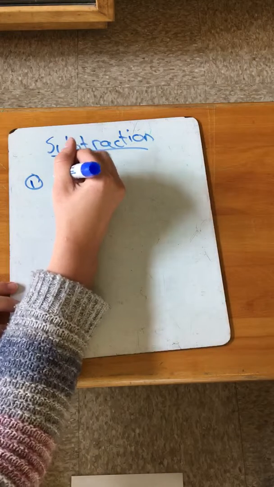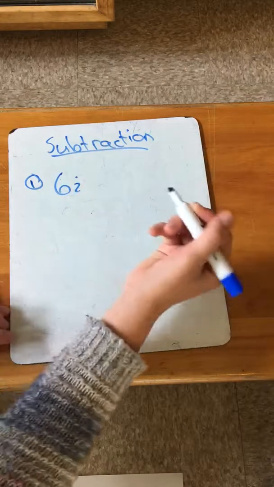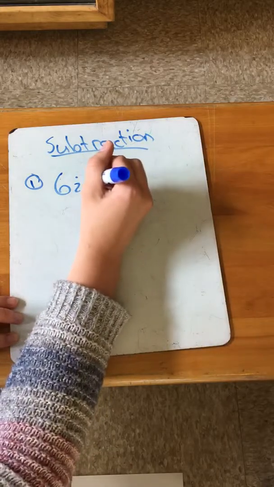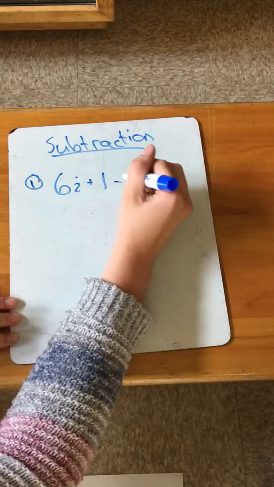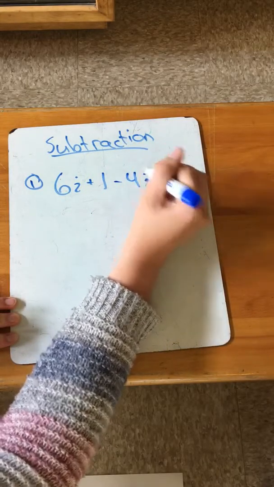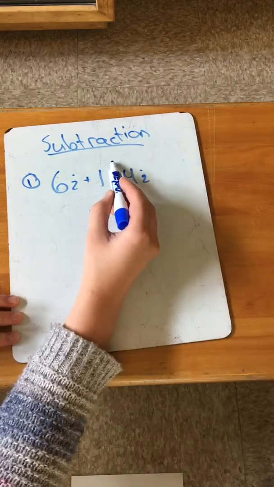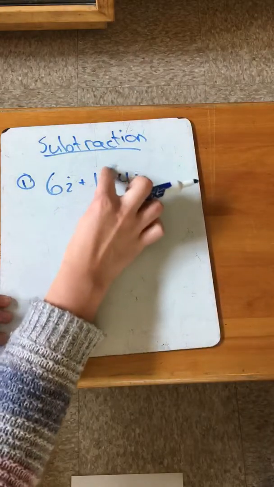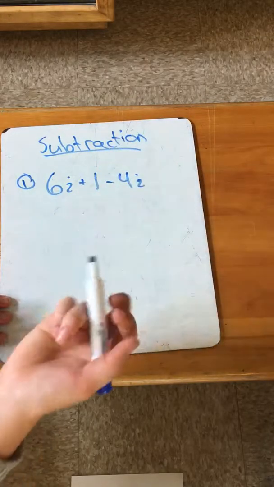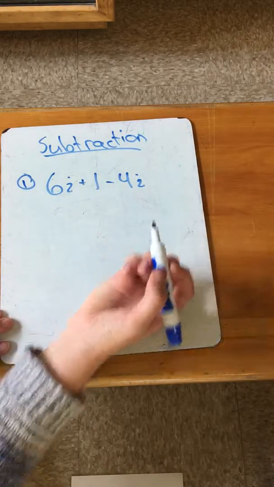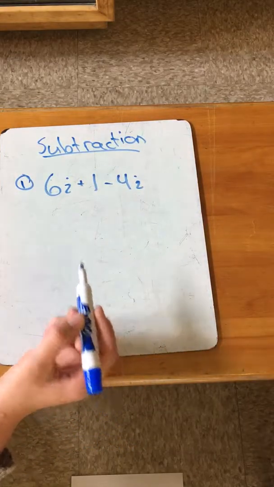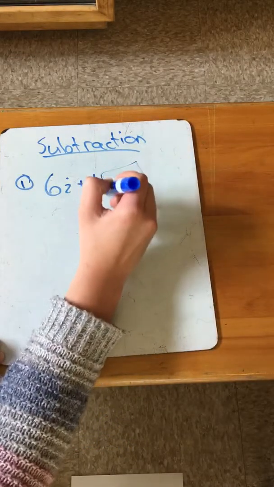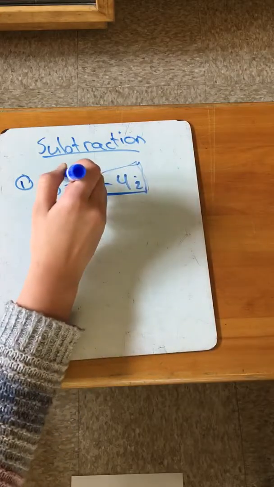Let's say 6i plus 1 minus 4i. Now you can see that this is a subtraction problem because it's got a subtraction sign in it. But just like addition, you are going to combine like terms, even though it's a negative.